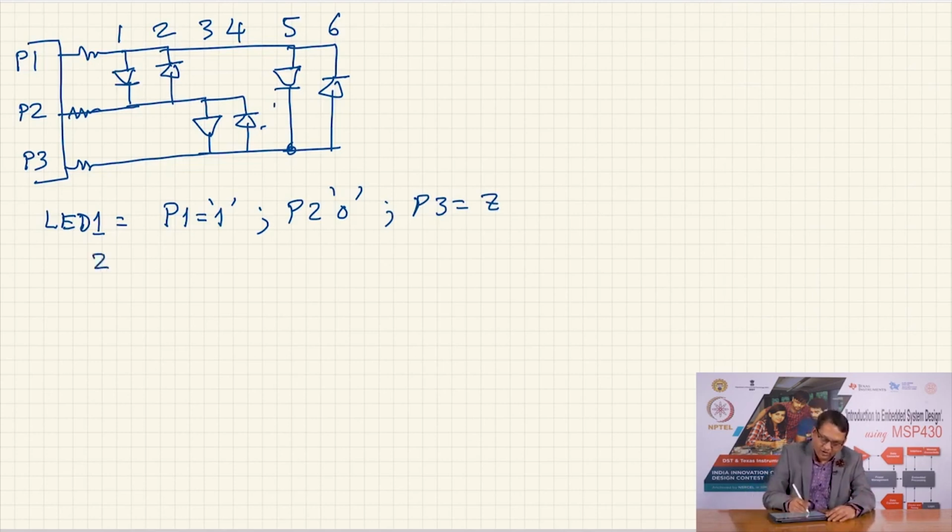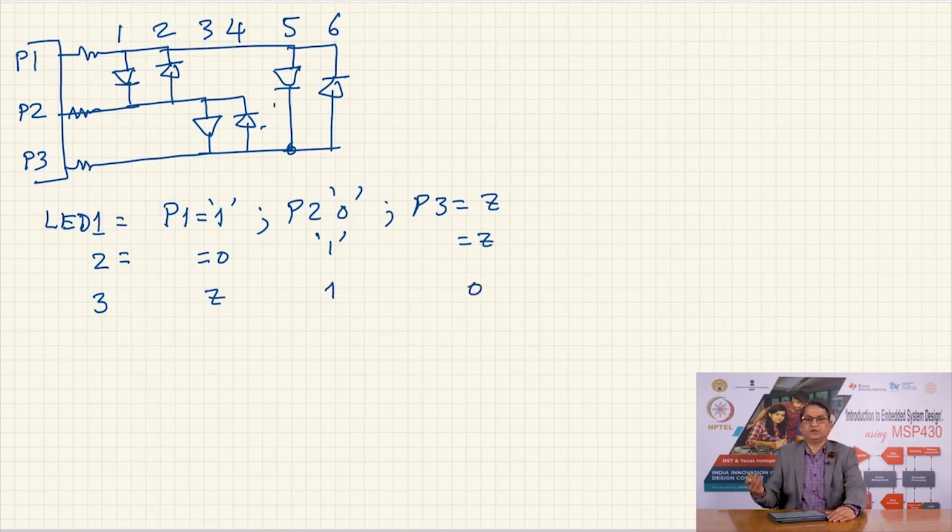When you want to control LED 2, the state of P1 becomes 0, P2 becomes 1 and P3 is still Z. When I want to turn LED 3 on, then P1 becomes Z, P2 becomes 1 and P3 becomes 0, and so on, as you can see.